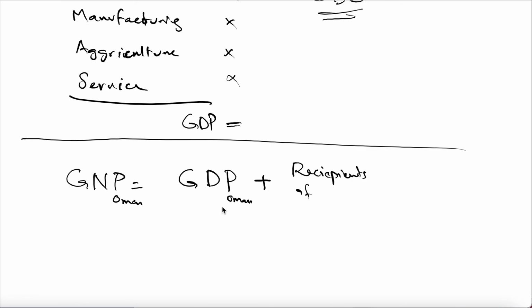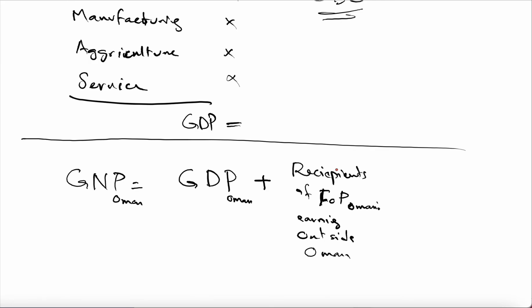So we know the GDP of Oman, and then we look at the money which Omani labor and factors of production are earning outside Oman. So the refinery in India is actually receiving some money and it's going to be in our national income.